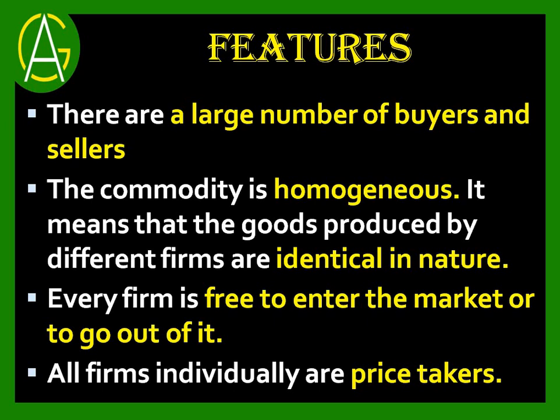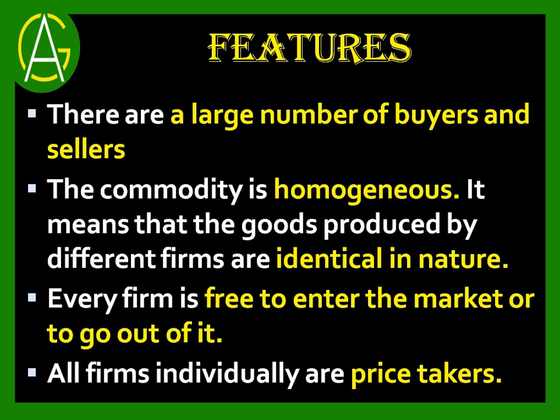These four are the features of pure competition. When these four features are there only, this is considered as a pure competition market. But when we add another three features, it will become perfect competition. These four features belong to pure competition, but there are three additional features.